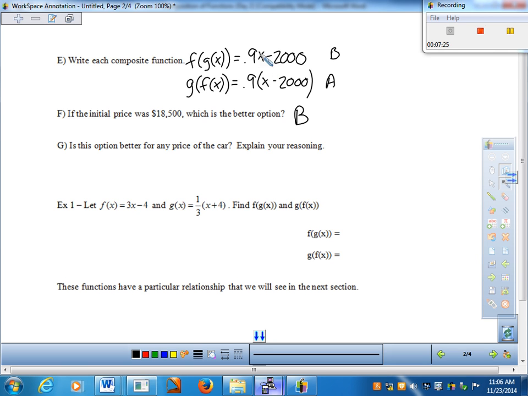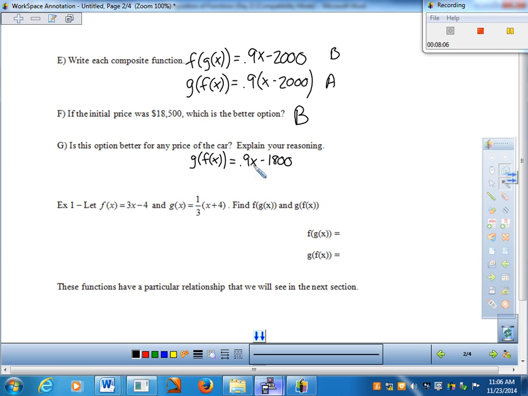Yeah, it would. Don't know if you looked at this piece, but if you look at g composed of f of x, and if you were to simplify that, let's go ahead and bring in the 0.9. I end up getting 0.9x, and then I only get 90% of that rebate, that 2,000, which would be 1,800. So I've got 0.9x minus 2,000.